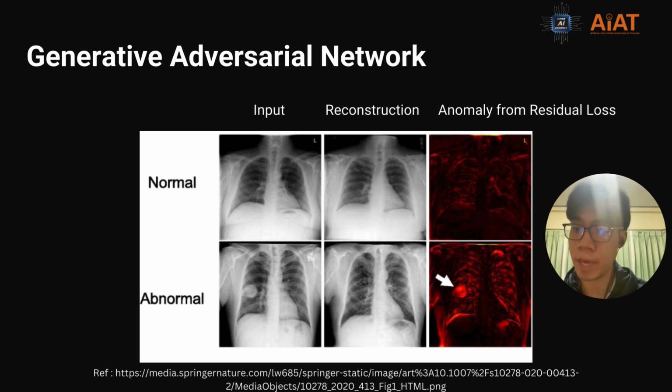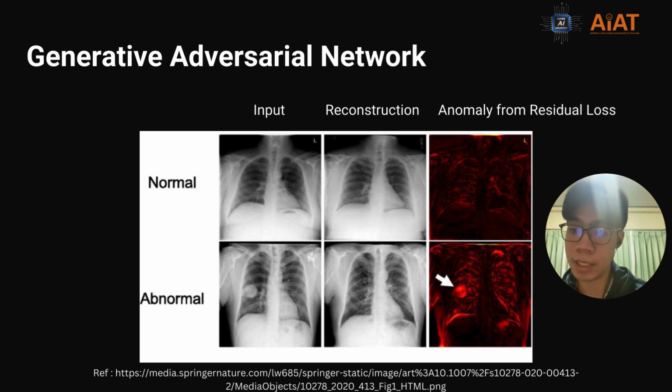Of course, if my patient is healthy, then there should not be a difference between the input, which is a real chest X-ray image, and the chest X-ray image reconstructed by the system. If we subtract both images, you can barely see anything in the third picture because there's no significant difference between them.